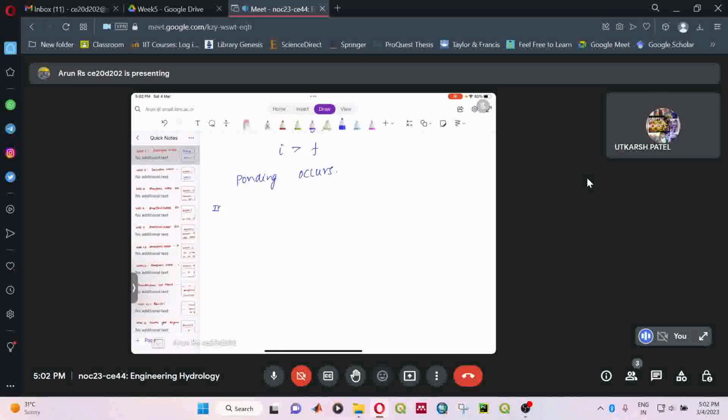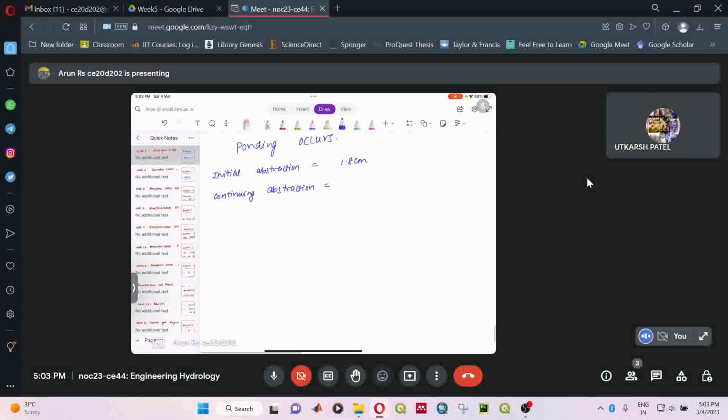So your initial abstraction is equal to 1.8 centimeters, and the continuing abstraction? We have found everywhere capital F only, right?